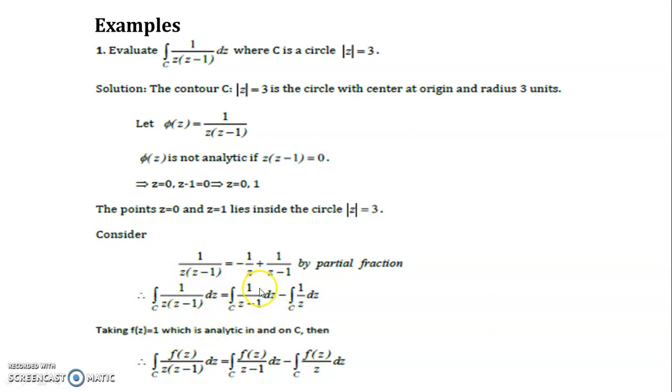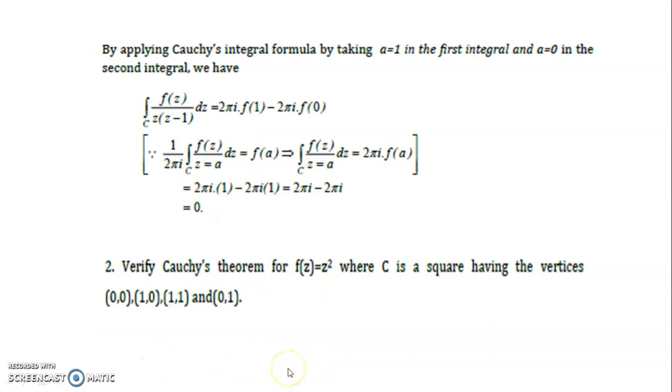Now we have the function f of z equal to 1, which is analytic in and on C. By applying the integral formula, the total overall integral value is 0.